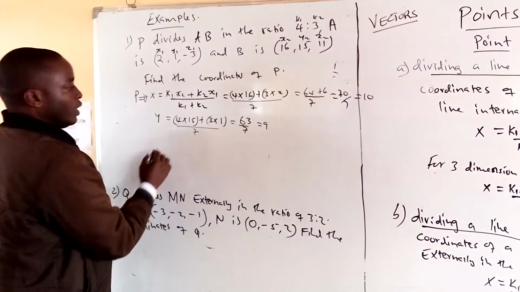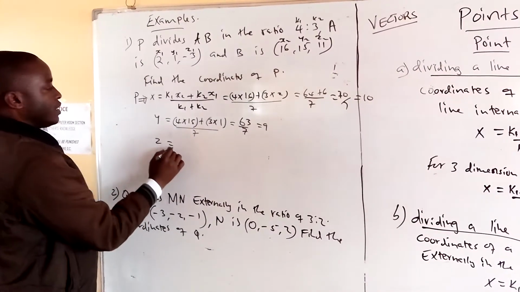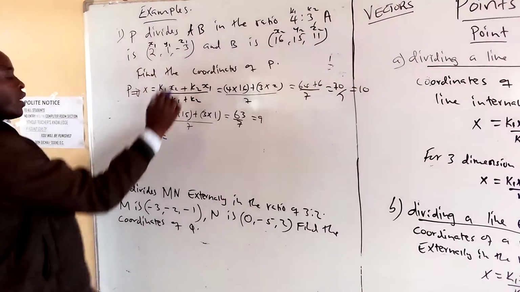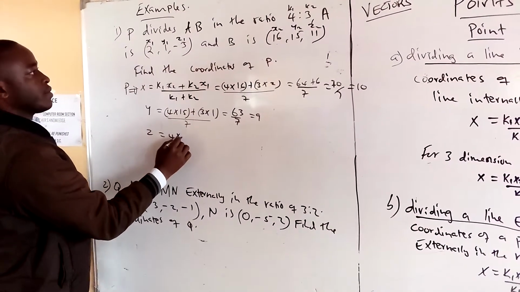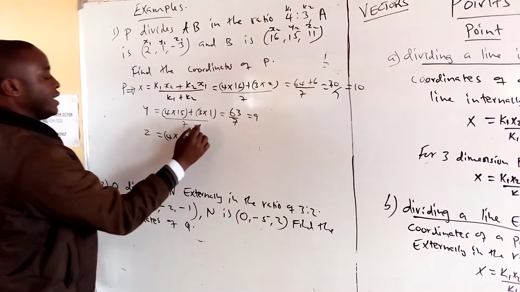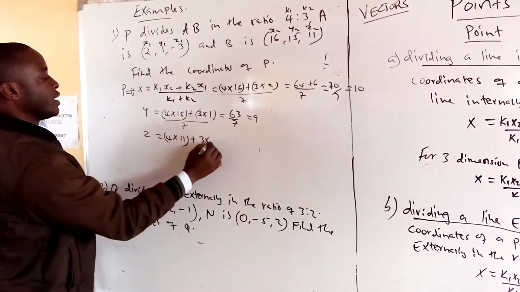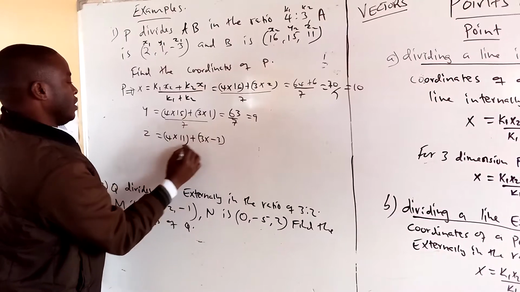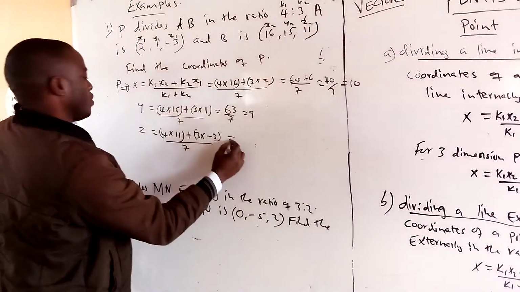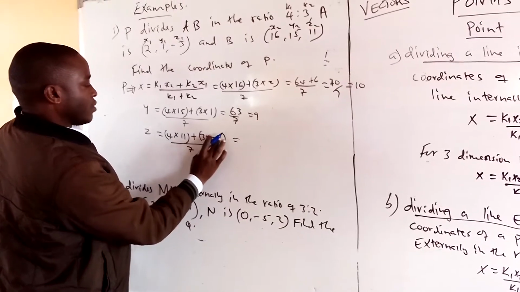We do now for z. Z will be our k1, which is 4, times our z2, which is 11, plus our k2 is 3 times our z1 is -3, divided by 7, that is k1 plus k2. This will be equal to 44 plus 3 times -3, which is -9.